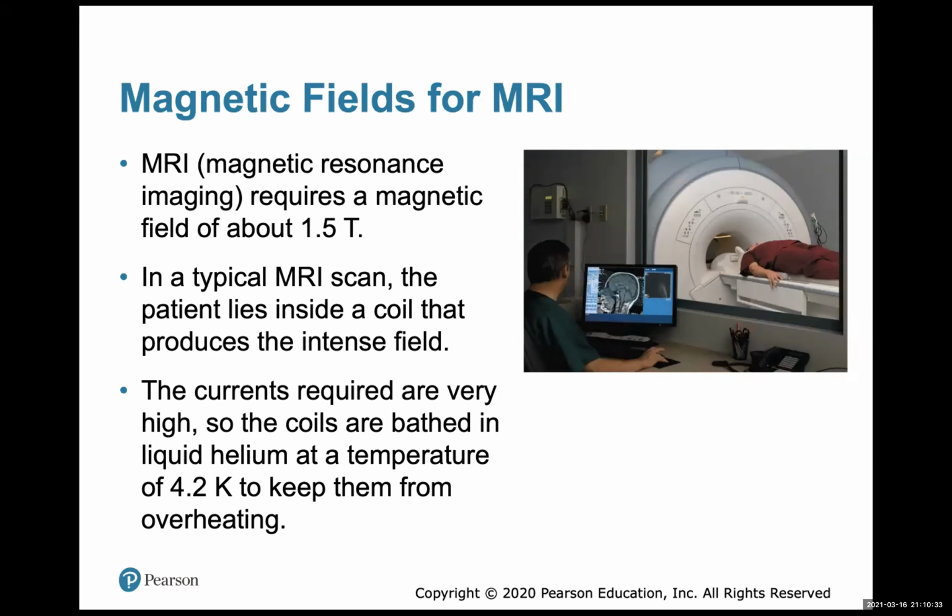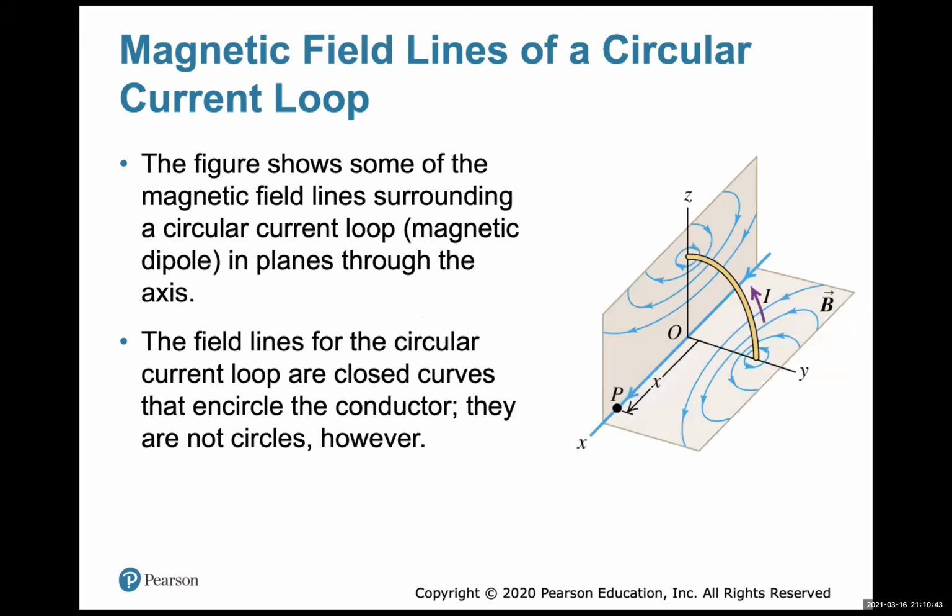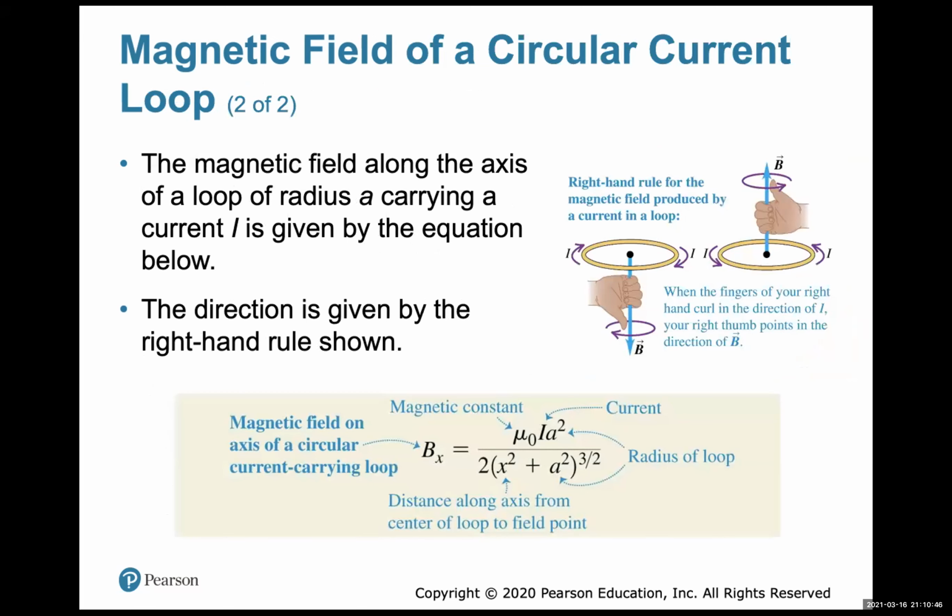Because at different points along the axis of a single loop, the answer changes. It's worth mentioning what if we are on axis in the plane of the loop? What if we're right at the center of the circle?